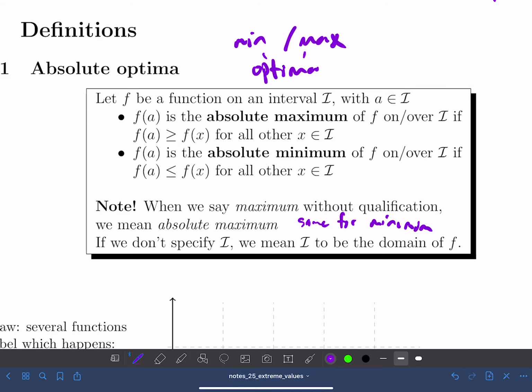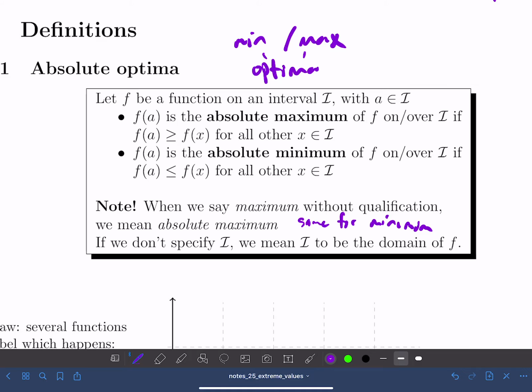That's because there's also the concept of local min or local max, and we need to be able to disambiguate. So if I don't specify, then the assumption is that we're talking about absolute. If I don't happen to specify the interval I'm interested in, then we mean for the interval to be the entire domain of the function.